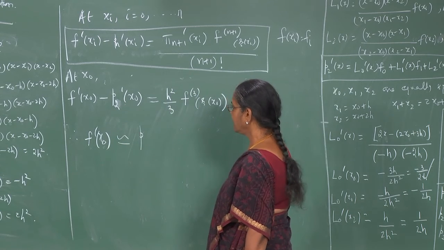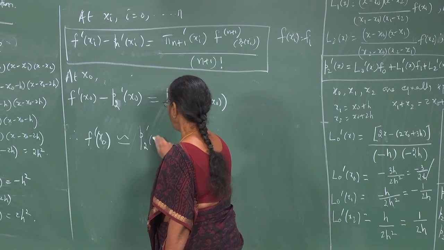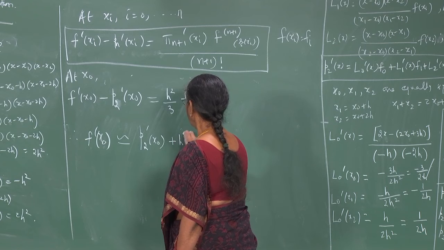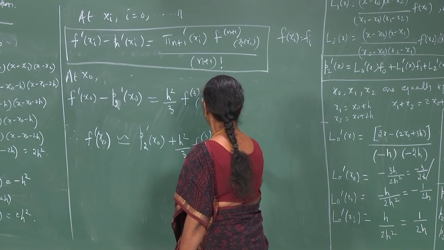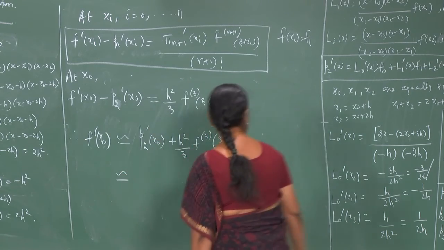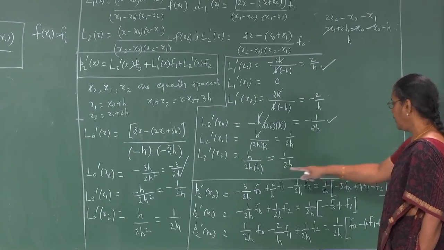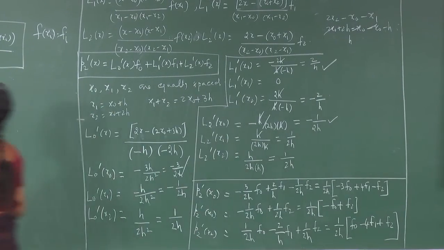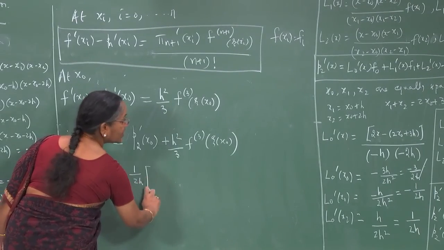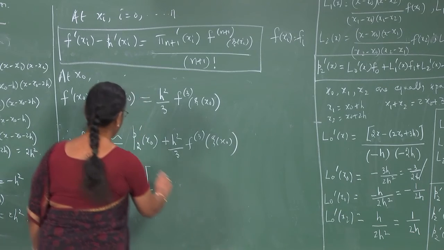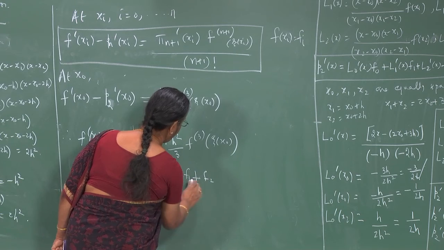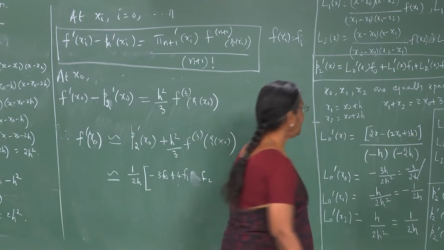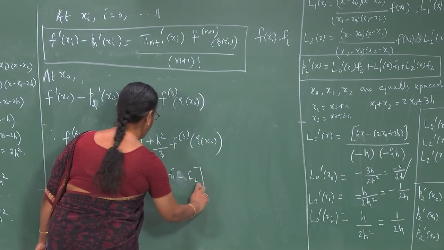So, I shall write this as p2 dashed. So, p2 dashed of x naught plus h square by 3 into the third derivative psi of x naught, and we have obtained an expression for p2 dashed at x naught, that is 1 by 2h into minus 3 f naught plus 4 f1 minus f2.